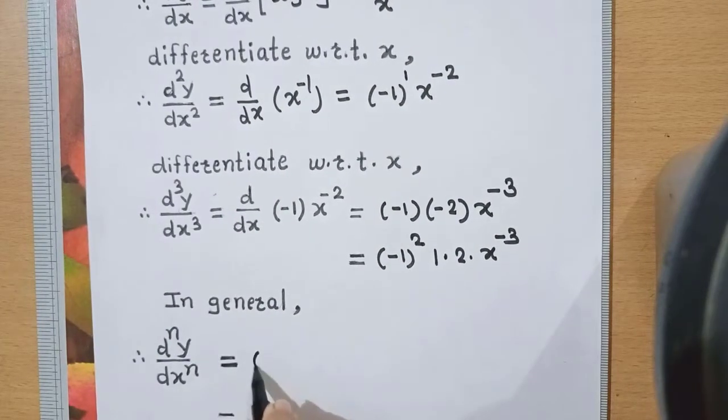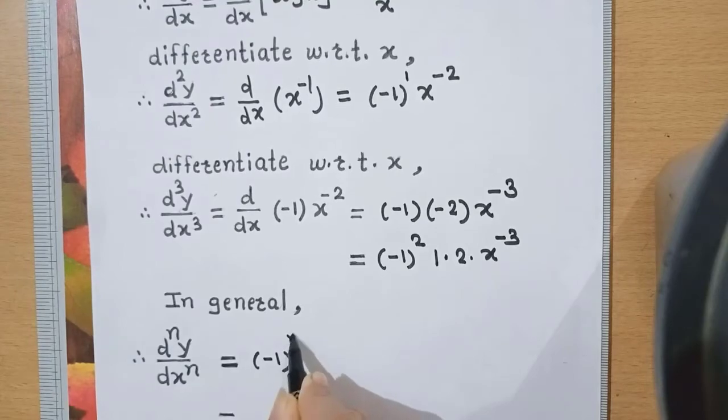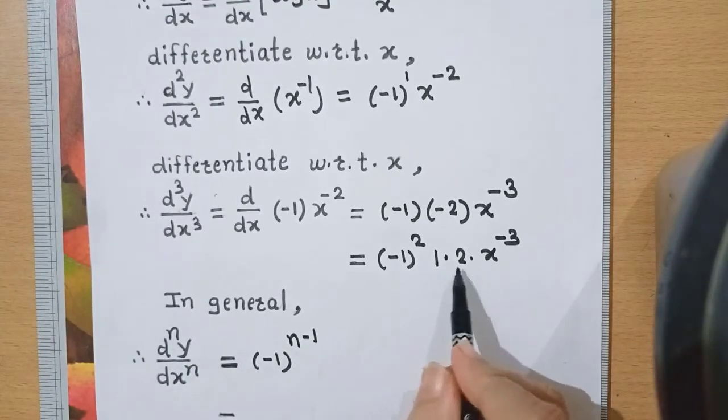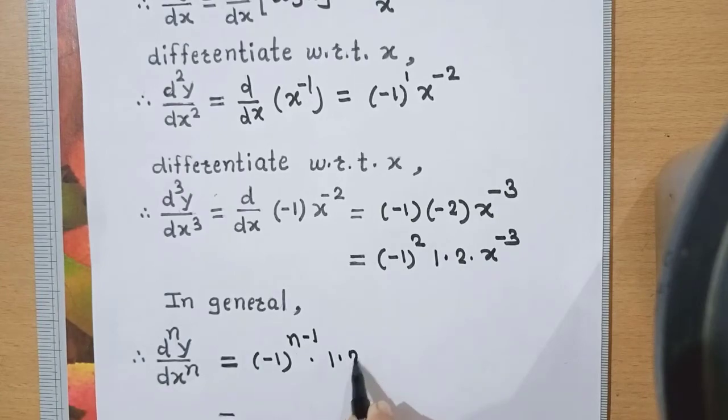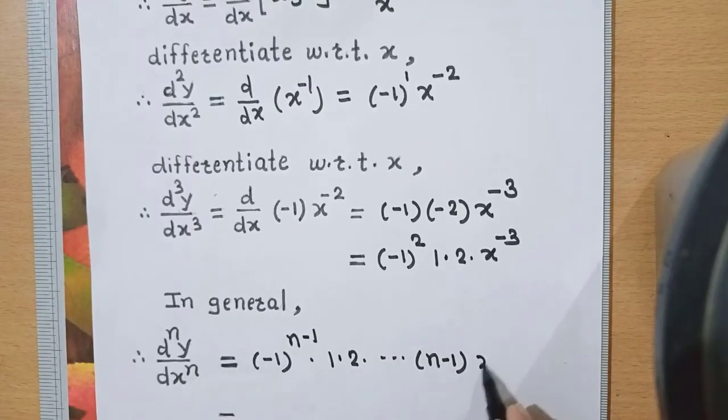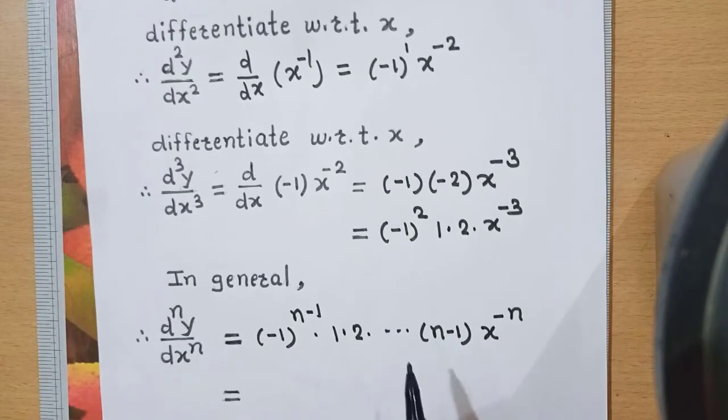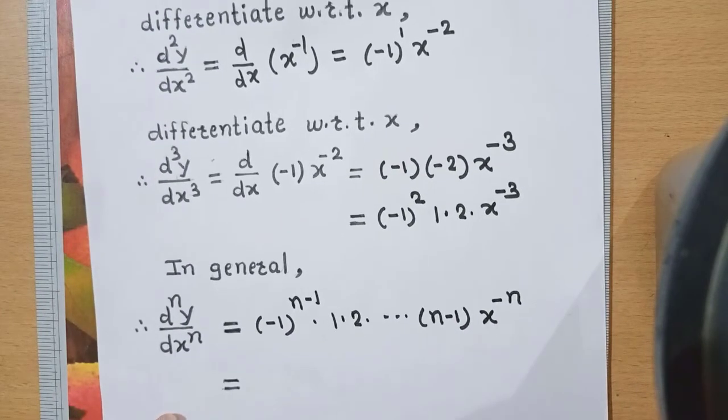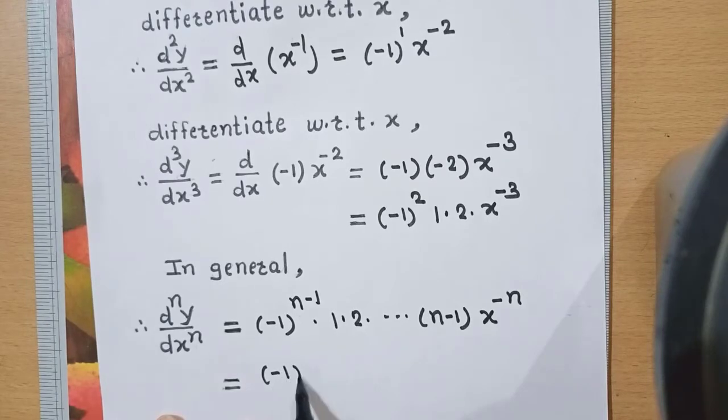We will write first, minus 1 raised to 1 less than n, that means n minus 1. Now write the numbers in multiplication, 1, 2 up to n minus 1, and the power is the same, x raised to minus n. Now again we will write it in the simplest form. So (minus 1) raised to n minus 1 as it is.